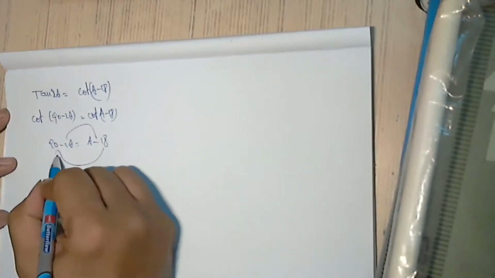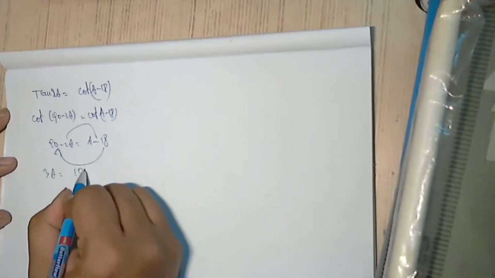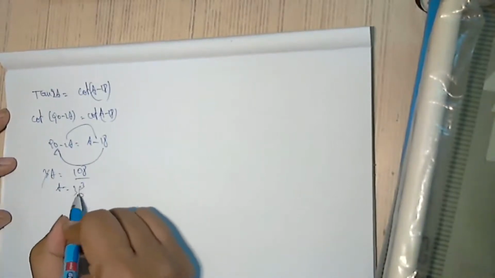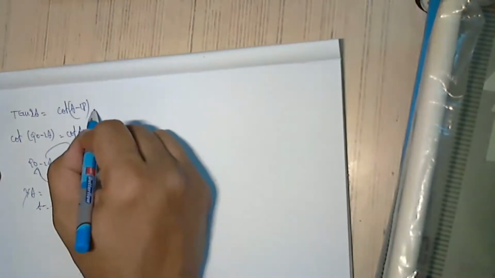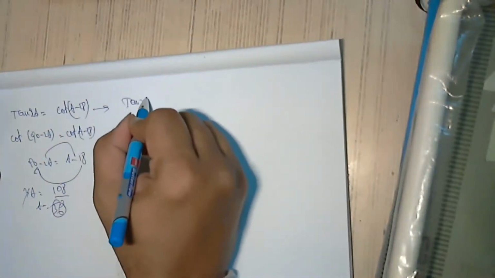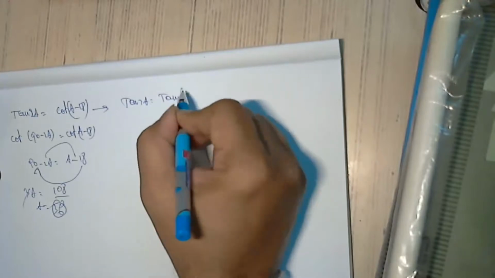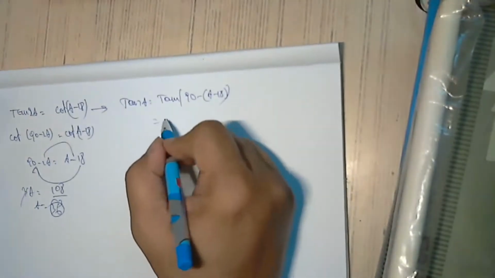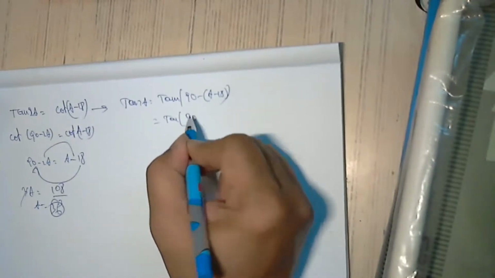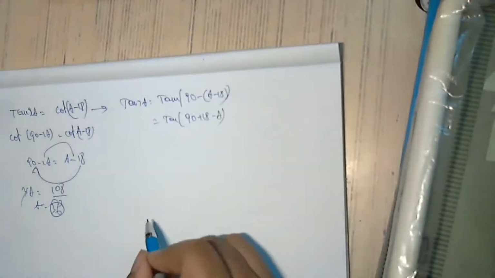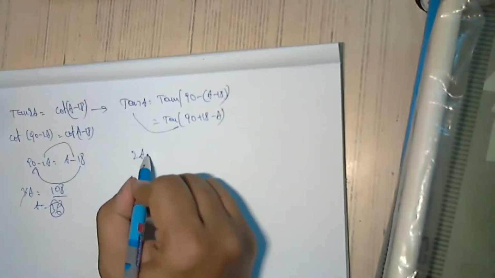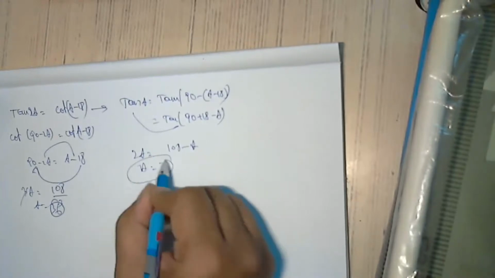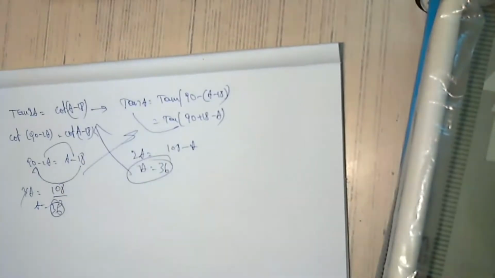This goes here plus, this goes here plus. 3a is equal to 108. A is equal to 108 by 3, 36. Or it can be done in another way also. Tan 2a is equal to tan of 90 minus a minus 18, equal to tan of 90 plus 18 minus a. So 2a is equal to 108 minus a. So a is 36. So both ways it can be done.